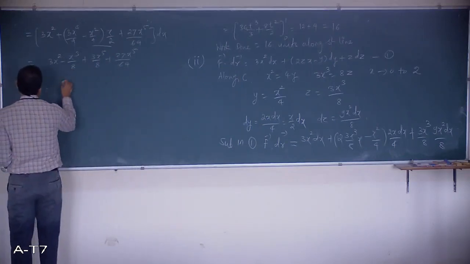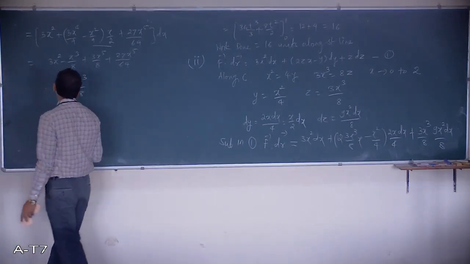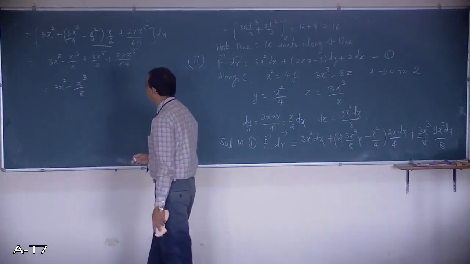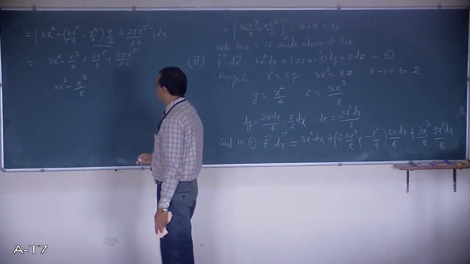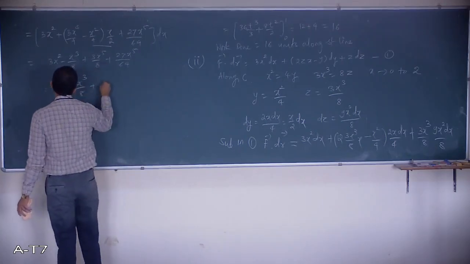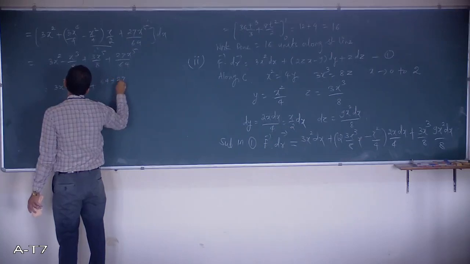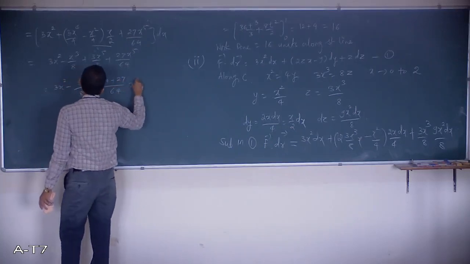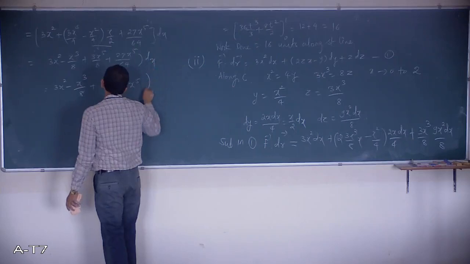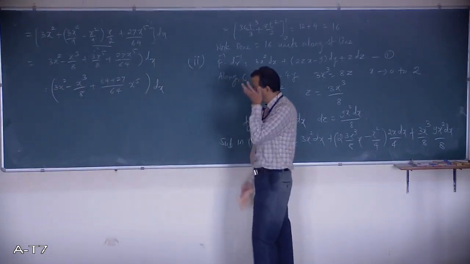So this is 3x² minus x³/8. So 3x⁵/8 I have taken here. So 64 is the LCM, so I have to multiply by 8: 24 plus 27. I forgot dx, please write. I hope this is clear. LCM is taken and then multiplication is done.